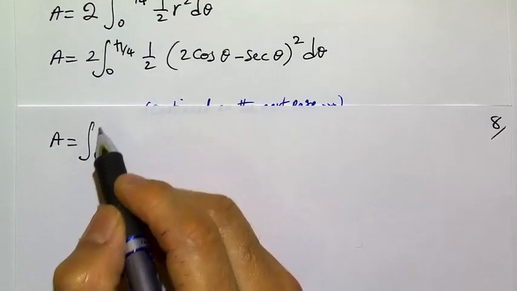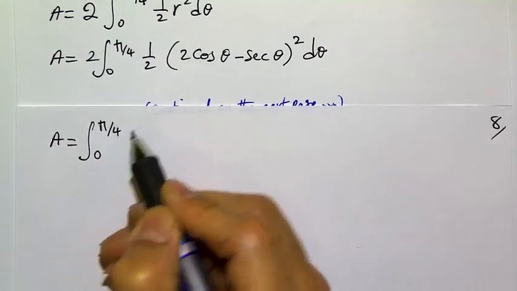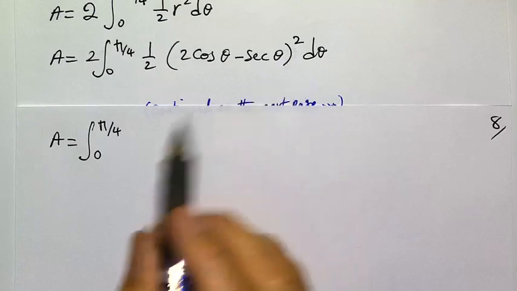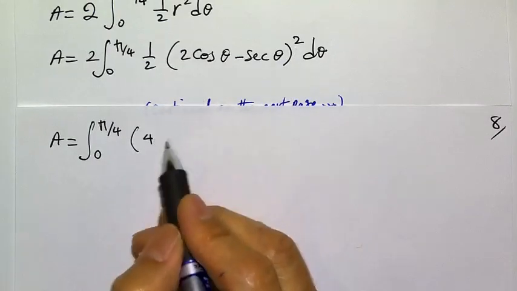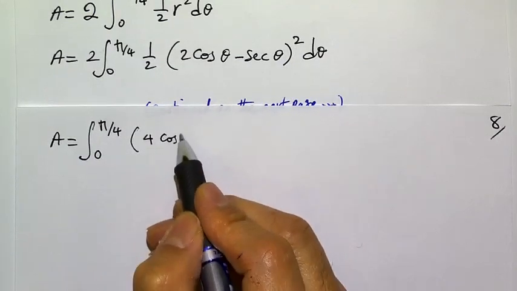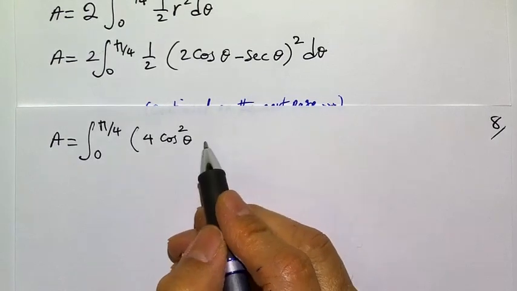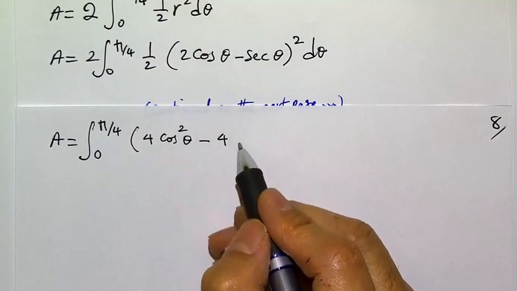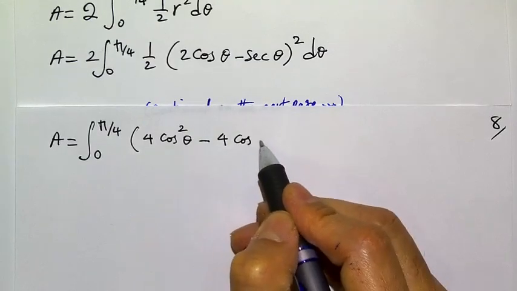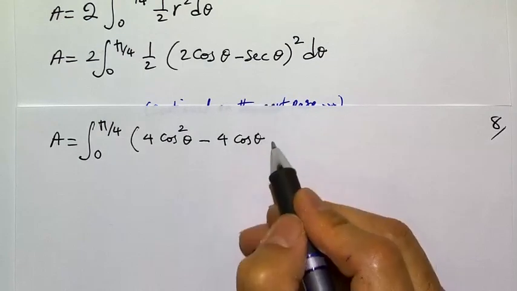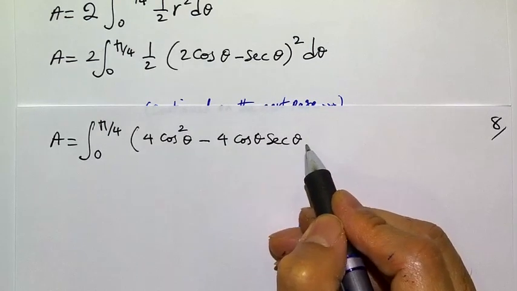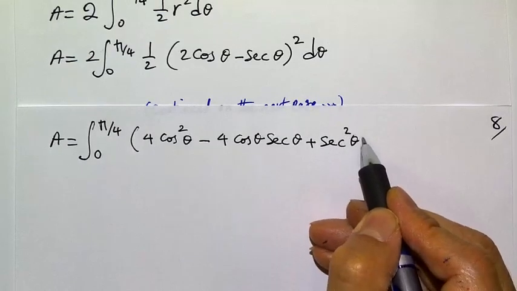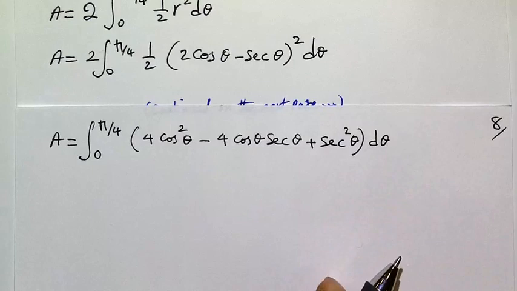So we get 0 to pi over 4, and then all we have to do is take this binomial and square it, and we get 4 cosine squared theta, minus 4 cosine theta times secant theta, plus secant squared theta d theta.